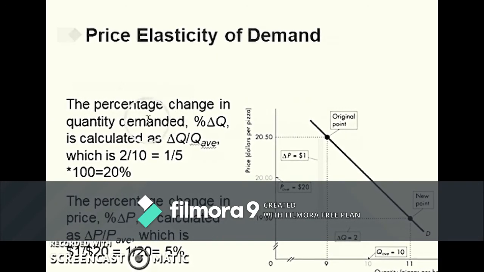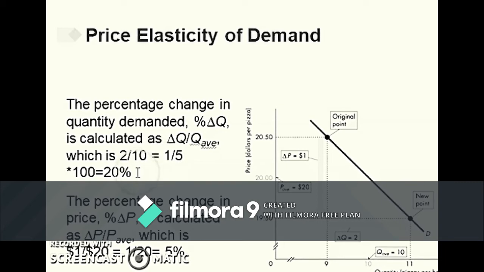So the percentage change in quantity demanded is calculated as the change in quantity demanded divided by the average quantity, which is 2 over 10. The change in quantity equals 2, 11 minus 9, and the average we calculated on the previous slide equals 10.